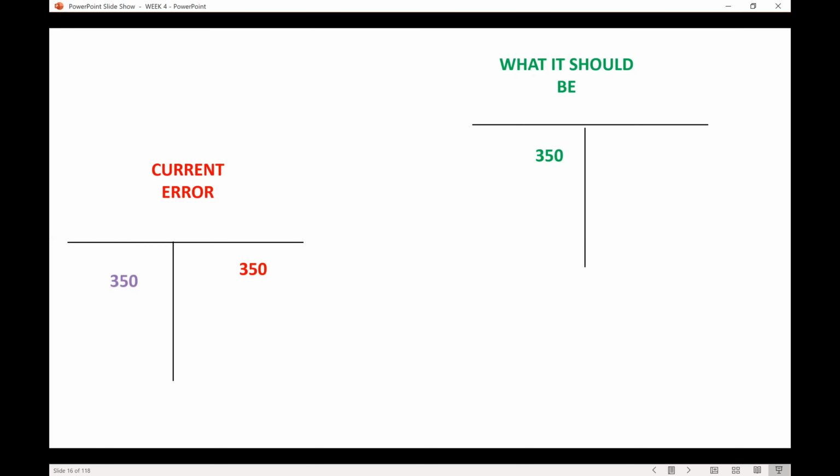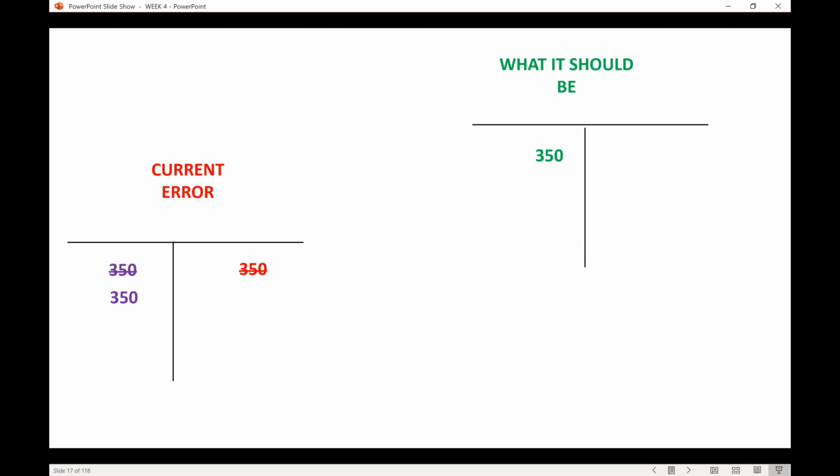First, we will have to cancel the error. So you're going to have to debit $350, and this $350 cancels the error that you would have done. But you want it to look like what's on our right, with a debit of $350. So you therefore have to debit again another $350.